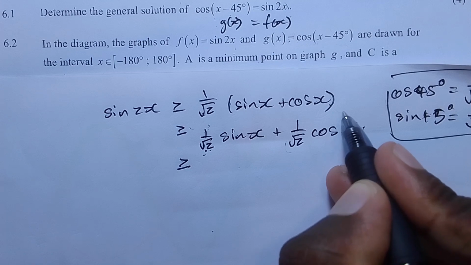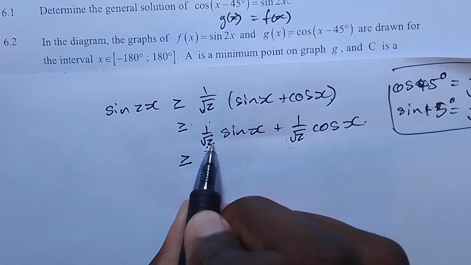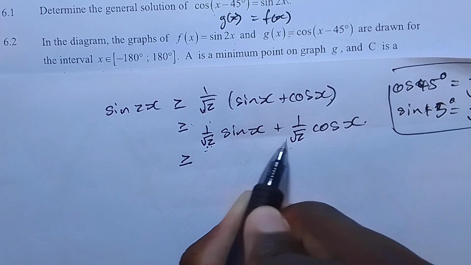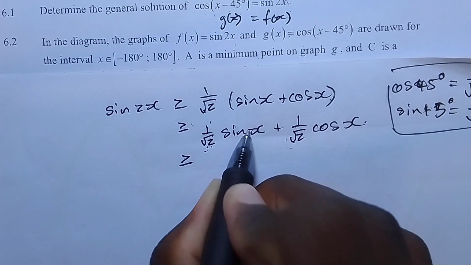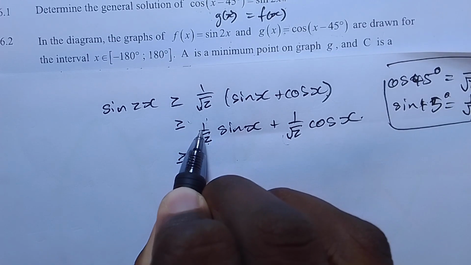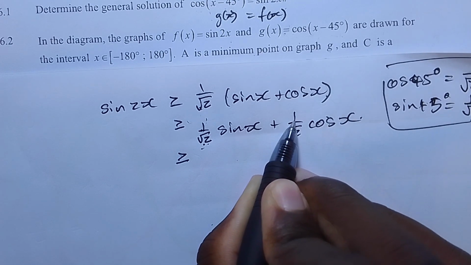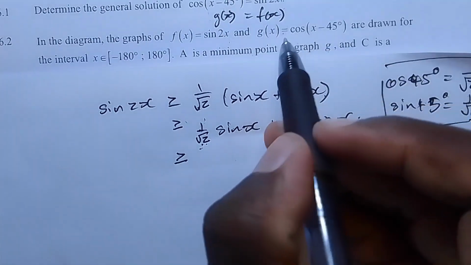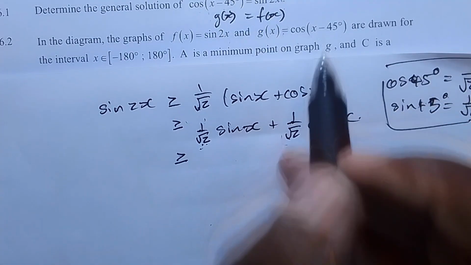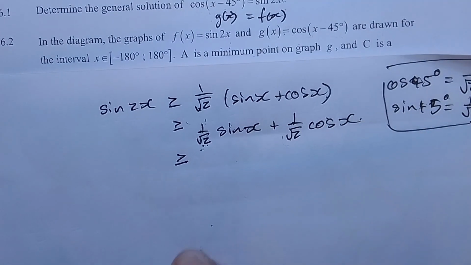That doesn't have anything we know. But if we put cos here and we put sine there, we would have sine cos and cos sine. That would be a double angle for sine. But this is not sine. So that would work, but you would go a longer path trying to find the answer.